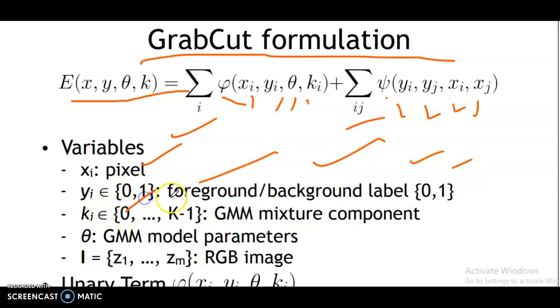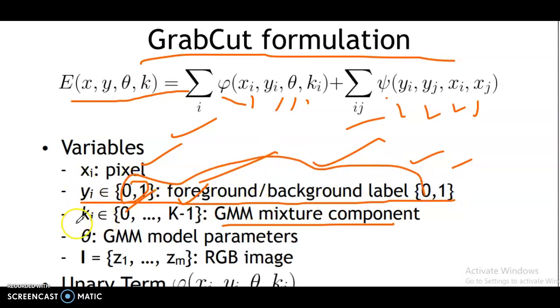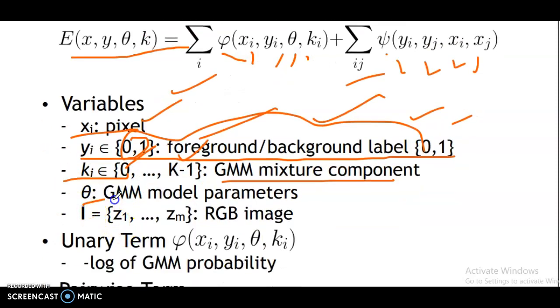Ki ranges from 0 to K minus 1, the GMM mixture component. Theta is the GMM model parameters. Xi is the RGB image pixel.